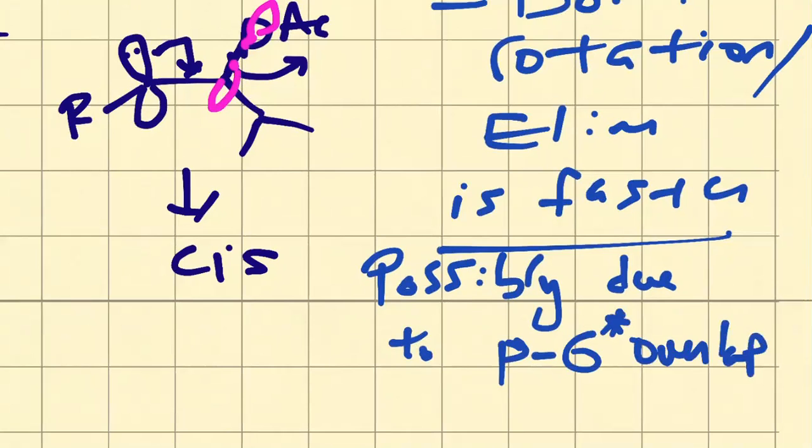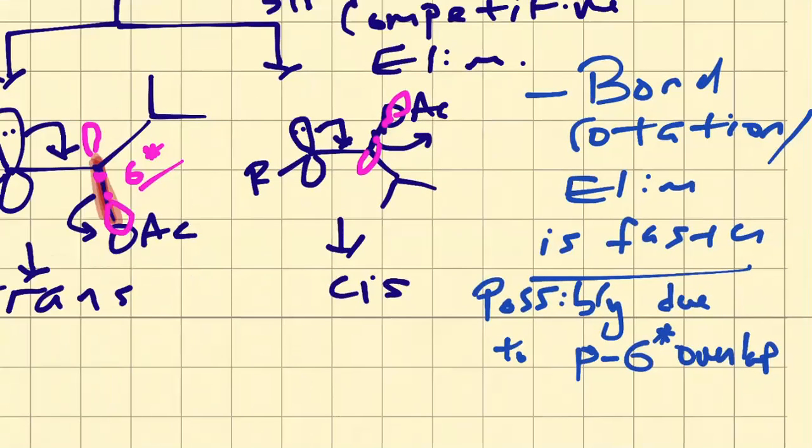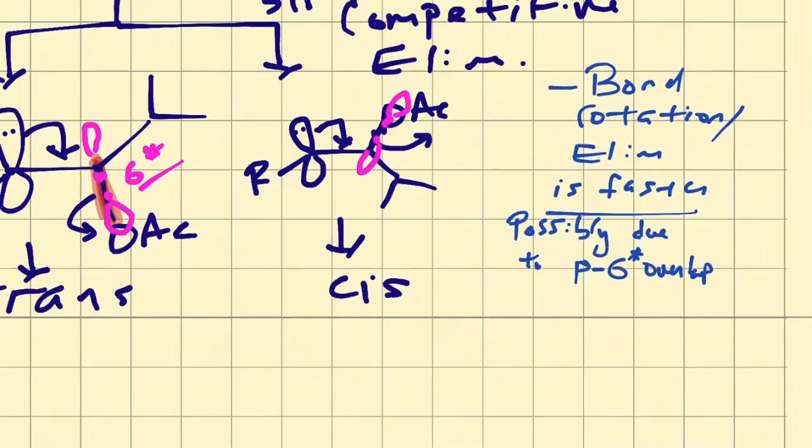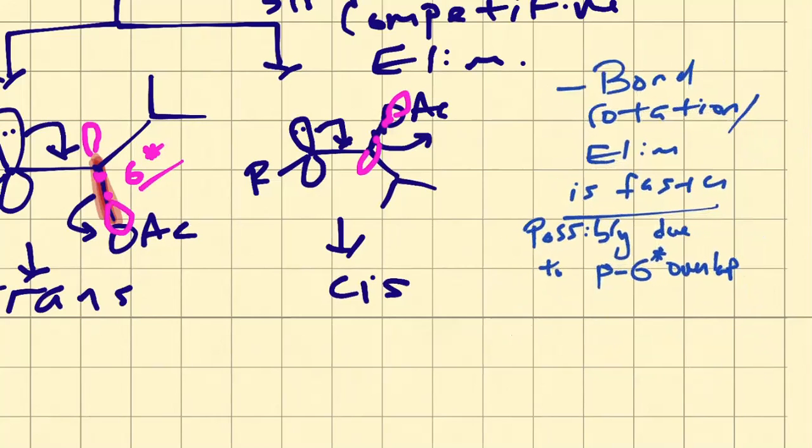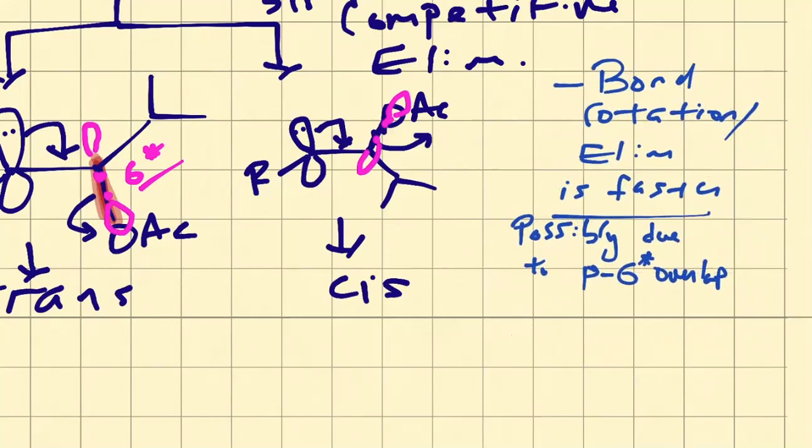And let me shrink that down so it'll fit and won't get cut off. Yeah, so it's probably an electronic factor more than it is a steric factor. But you're right in the sense that the trans is a more stable species because the groups are on opposite sides of one another.